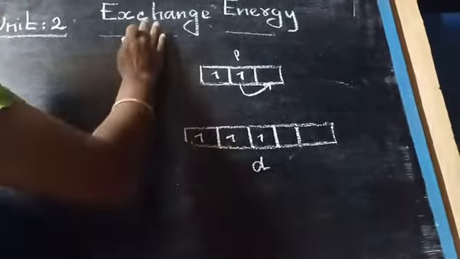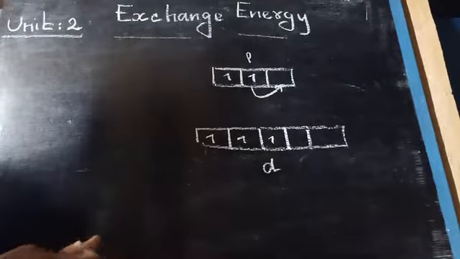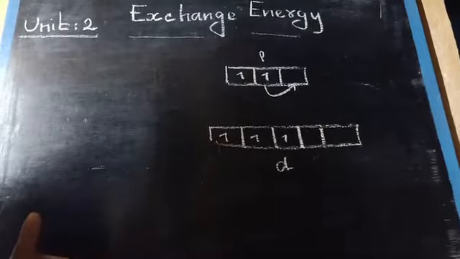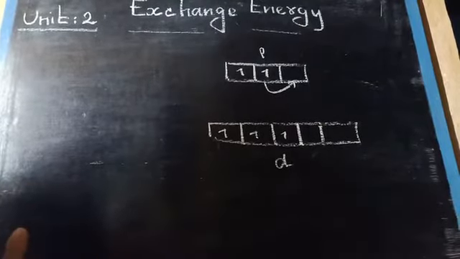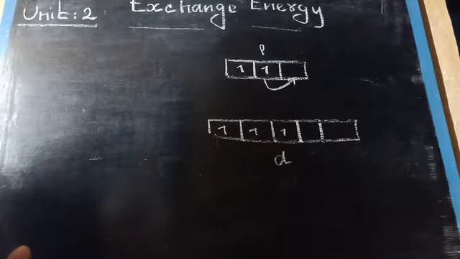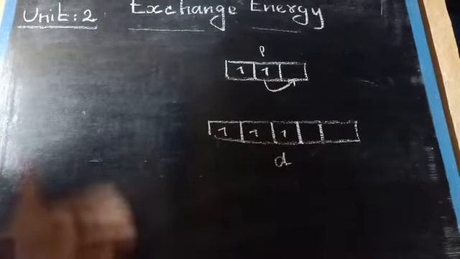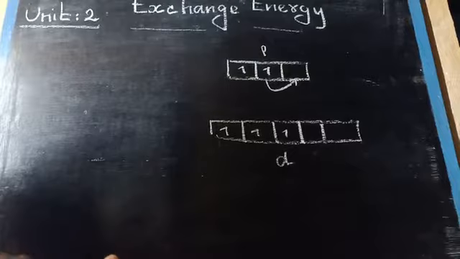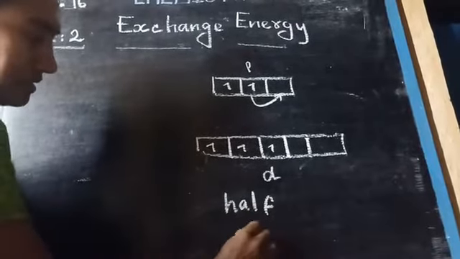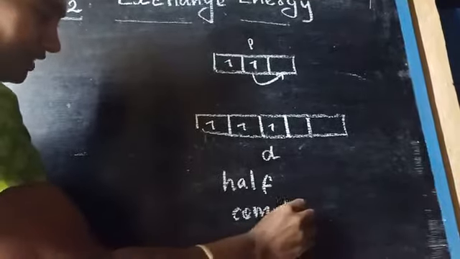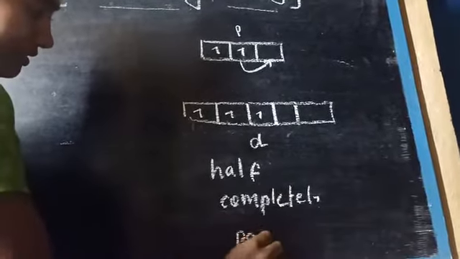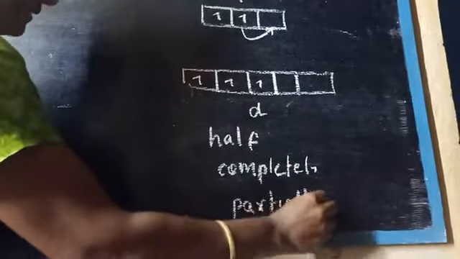Here we explain whether it is half filled, completely filled or partially filled, when more amount of energy is released. Now we are explaining 3 categories: one is half filled, another is completely filled, and next partially filled.